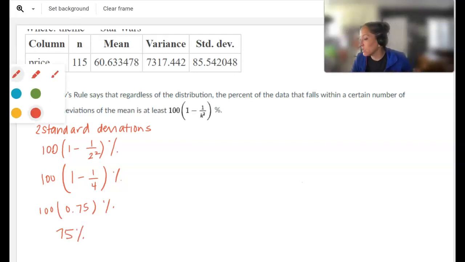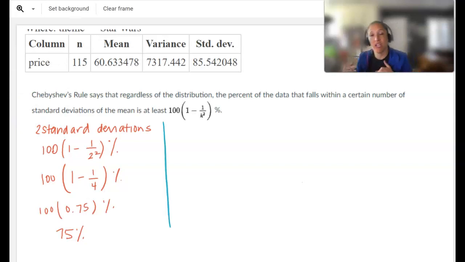We could even redo this same exact work with 3 standard deviations, which is a pretty typical cutoff for an outlier when you're using z-scores. Again, we'll talk about those in a sec. But 3 standard deviations, just thinking about writing, we'd have 100 times 1 minus 1 over 3 squared percent.